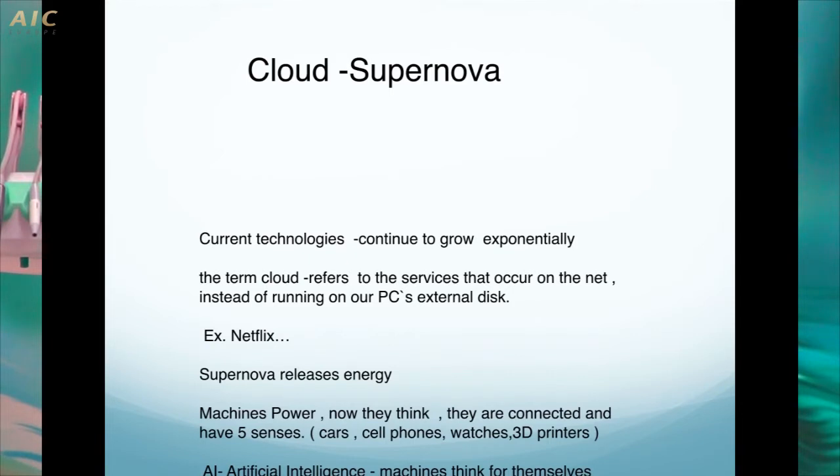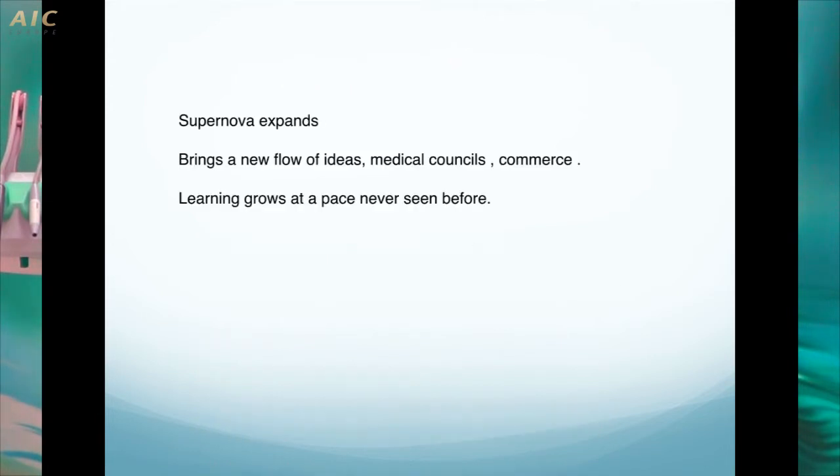So a supernova releases energy. Now machines have power and they are all clever. They think and they are connected. For example, they have five senses: cars, cellular phones, watches, and 3D printers, all together in what we call AI, artificial intelligence. The supernova expands, and when it is expanding, what we are putting in is data and more data.